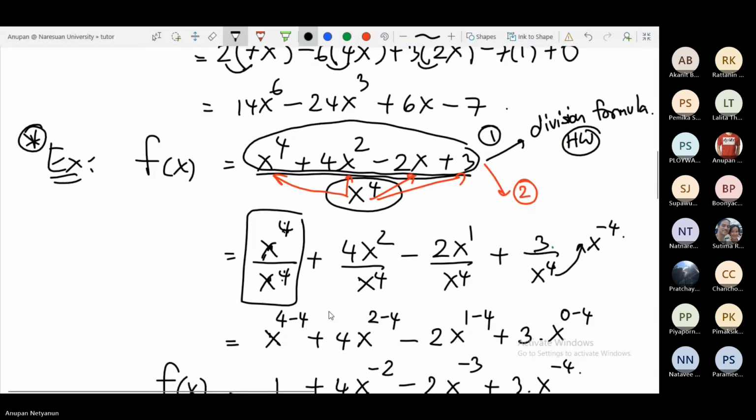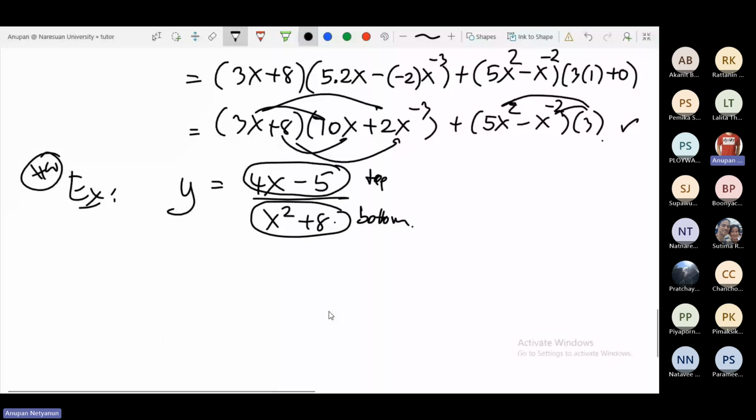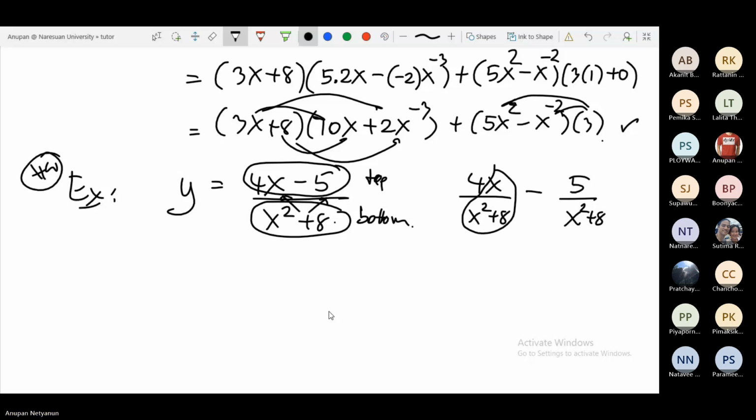See, if you separate this denominator for each term, it will not work for this one because you can see that you have 4x over x squared plus 8 minus 5 over x squared plus 8. But see, you cannot combine this to be a power of x, right?